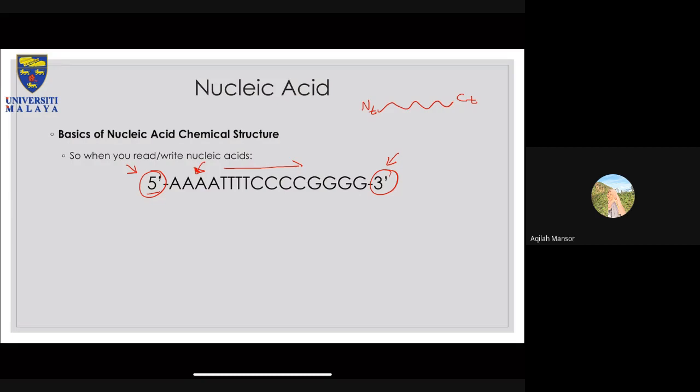So even if you turn the nucleic acid or the RNA around, you will have your 3' end here, but then you will know that from your 3' end, you have G, G, G, G, C, C, C, and so on, and then finally you have A, and then 5'. Okay, so you always know the direction in which the nucleic acid goes. Okay, so this is why it's very critical for you to know about this.